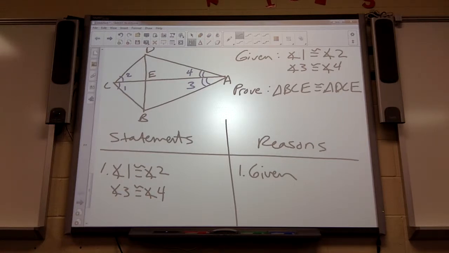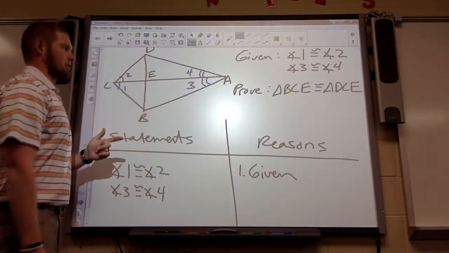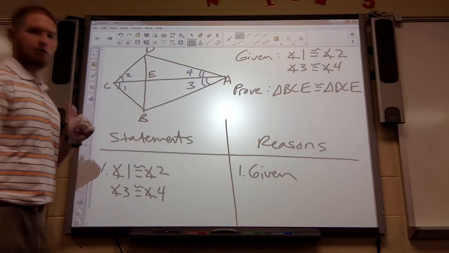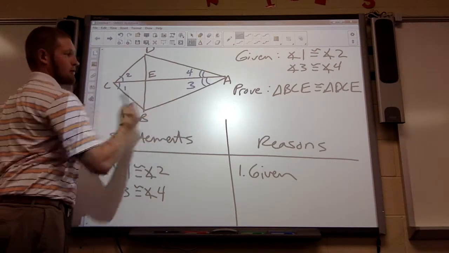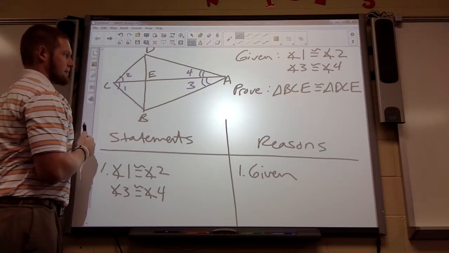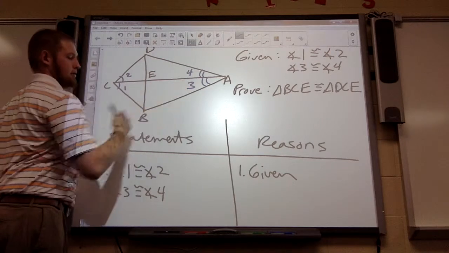We should have come up with no. We cannot prove these triangles congruent to each other. And we don't have any congruence theorem or postulate that says angle, angle. We do have an angle, side, angle though.